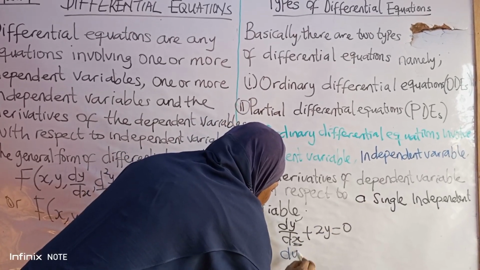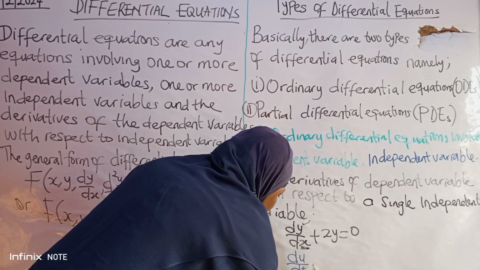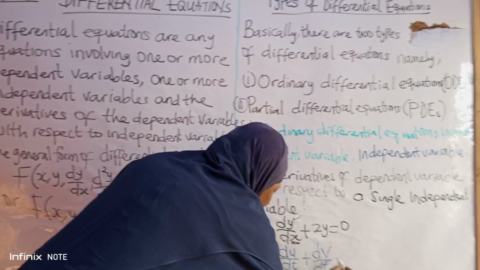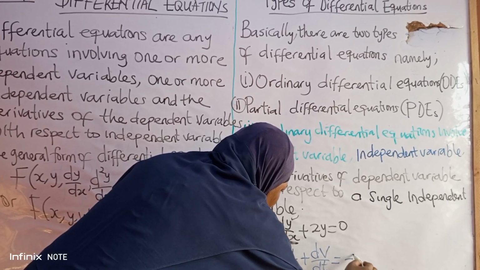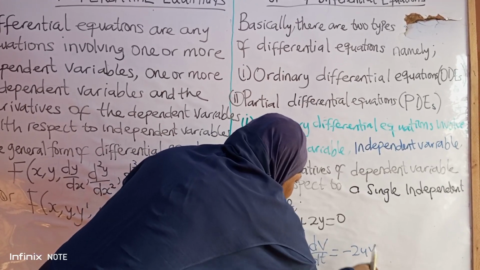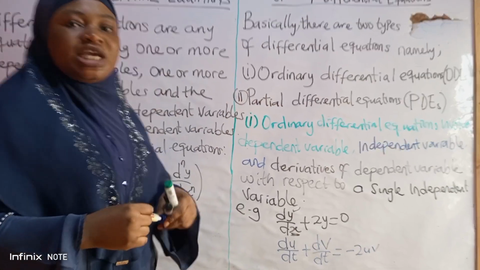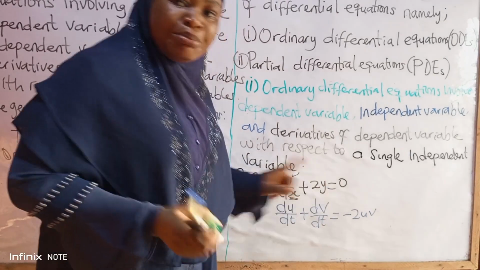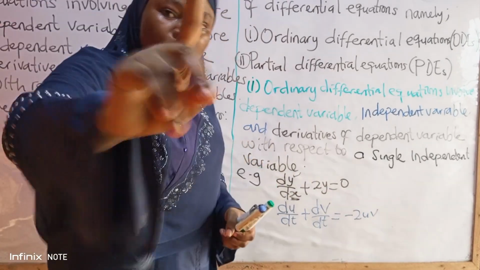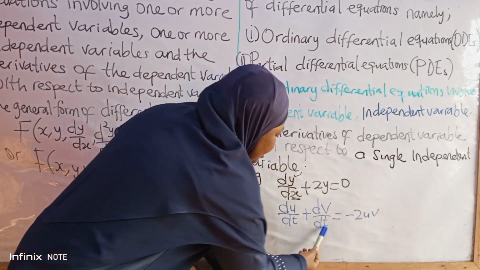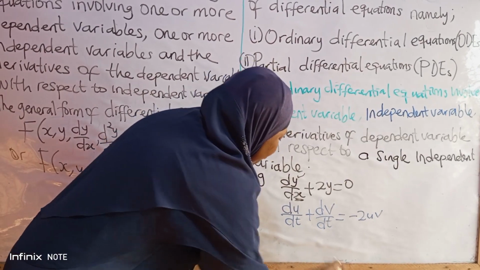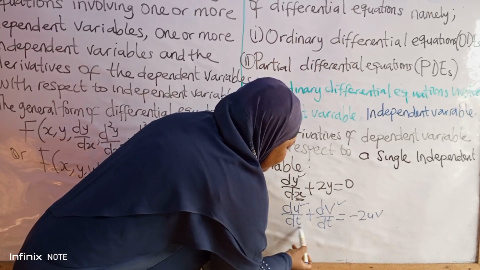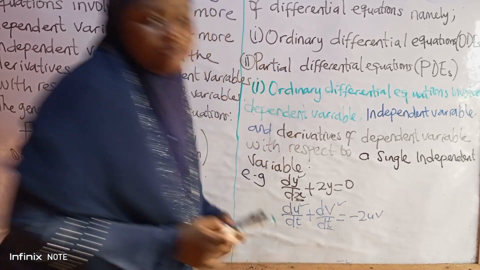We can have du/dt plus dv/dt is equal to, let's say, minus 2uv. So here we have two dependent variables, but just one independent variable. The dependent variables here are u and v, and the independent variable is just one.